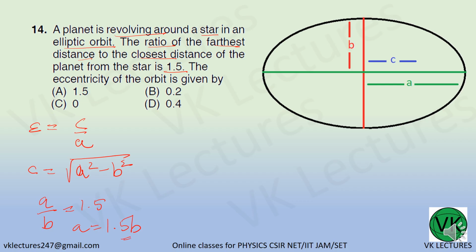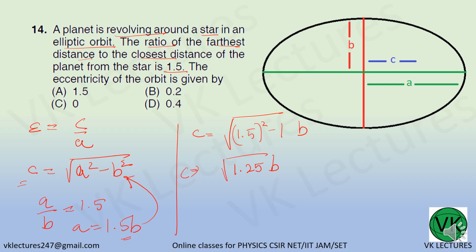Now just substitute this a value in c. So c is equal to under root 1.5 squared minus 1, times b. Take the b outside. So what you are getting is under root 1.25 b, that is equal to c, right? Now the question is, what is eccentricity? C divided by a.